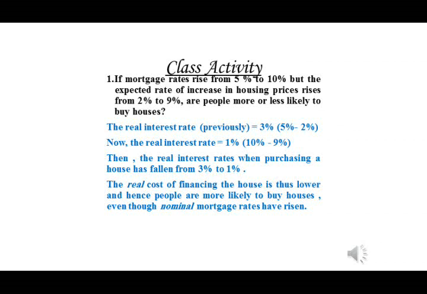While now, the real interest rate is 1%, which is the difference between 10% and 9%. Then, the real interest rate when purchasing a house has fallen from 3% to 1%. The real cost of financing the house is lower, and hence people are more likely to buy houses even though nominal mortgage rates have risen.